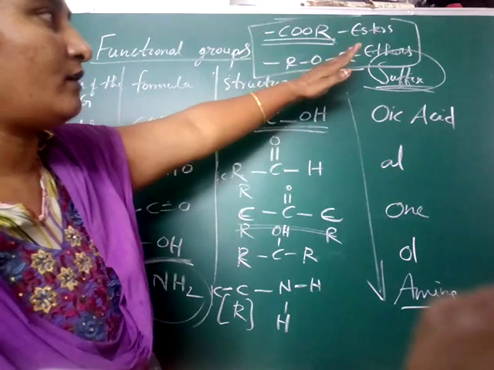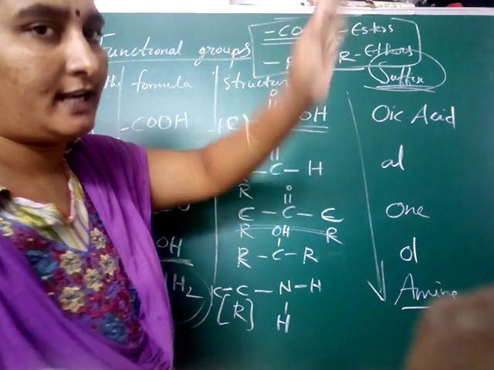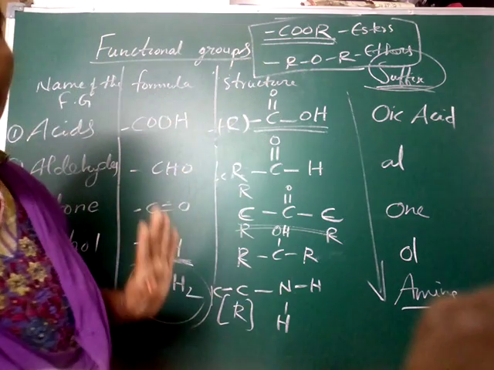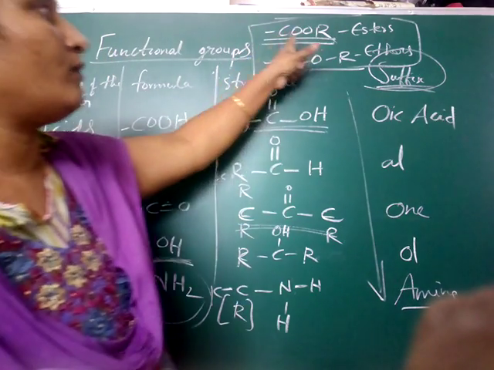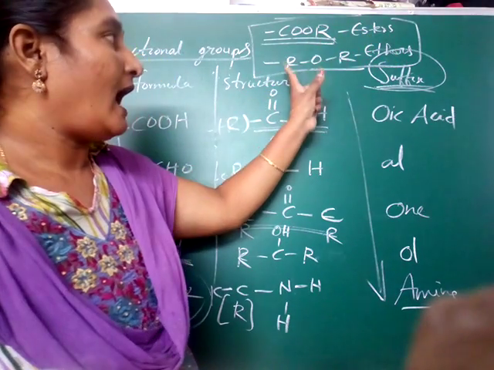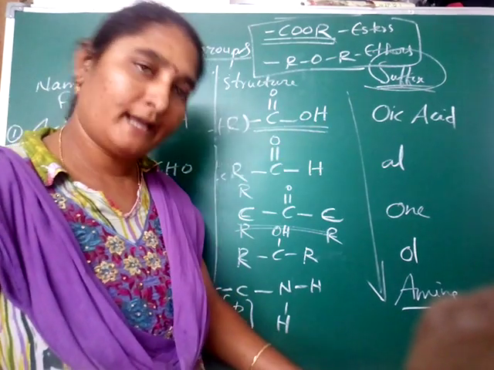I will explain how to give the names of esters and ethers in another video. Esters and ethers are also functional groups. Those with COOR in formula are called esters, and those with ROR in formula are called ethers. Okay, thank you.